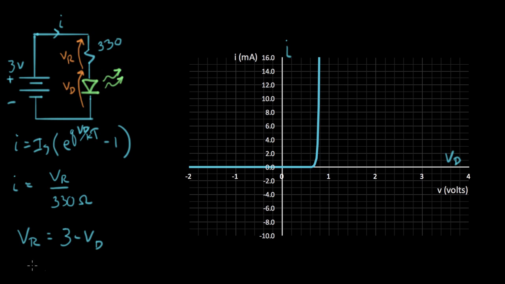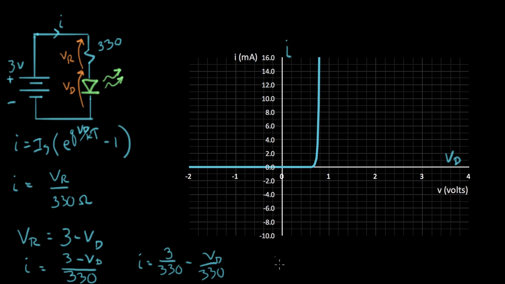The Ohm's law expression now becomes I equals 3 minus VD all over 330 ohms. And let's work on this a little more. I equals 3 over 330 minus VD over 330. And this is starting to look like the equation of a line.